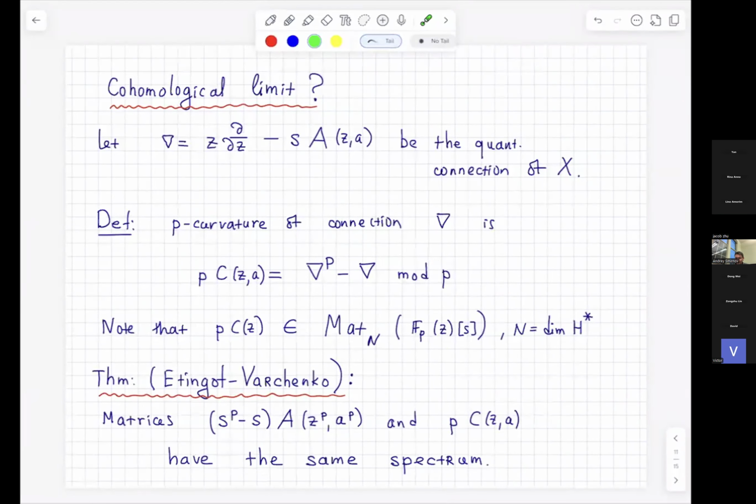So let's recall from last time that quantum cohomology of Nakajima varieties is governed by a certain connection.